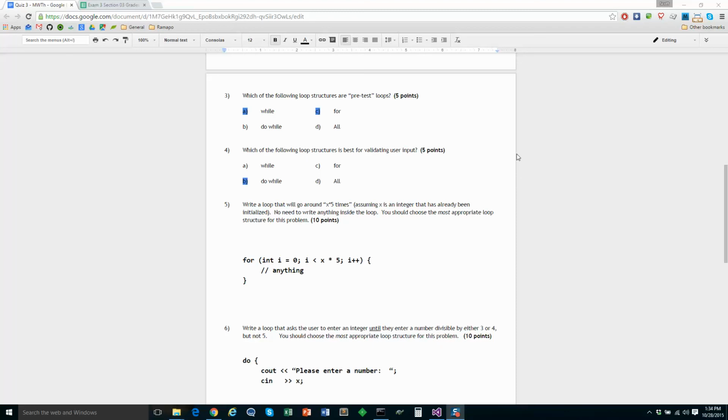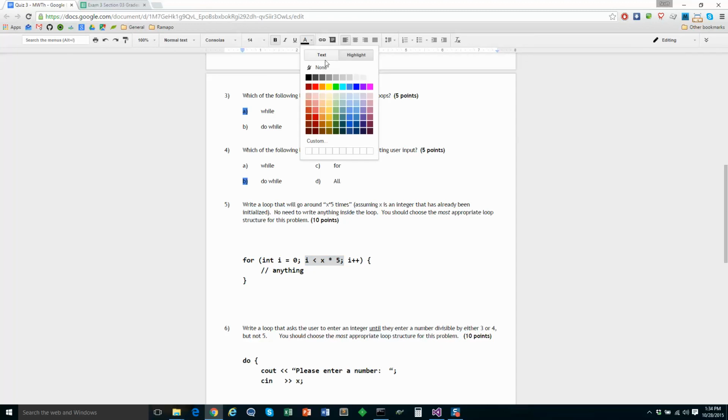Number 5 gave a lot of people some trouble, and it's kind of, I don't want to say concerning, but it's something that if it did give you trouble, you really need to pay more attention to what I'm highlighting in the modules and the courses, because I said a number of times beforehand that you want to be able to write a loop that goes around any number of times, whether it's n, whether it's 10, whether it's 4 plus 2 times.